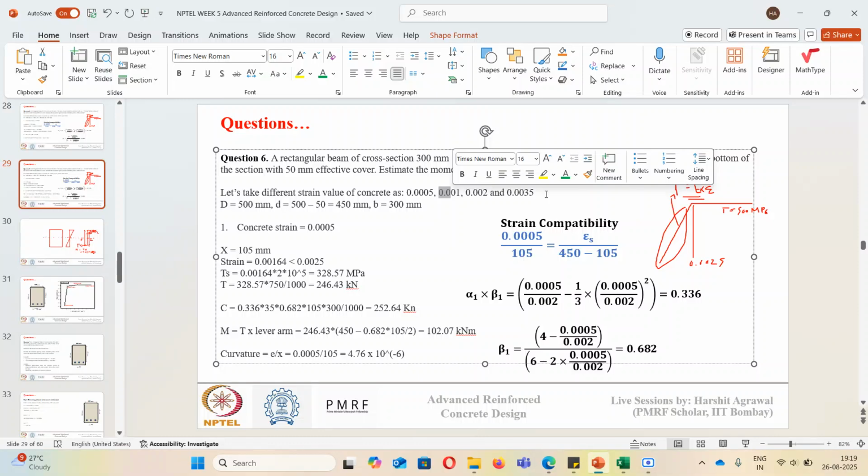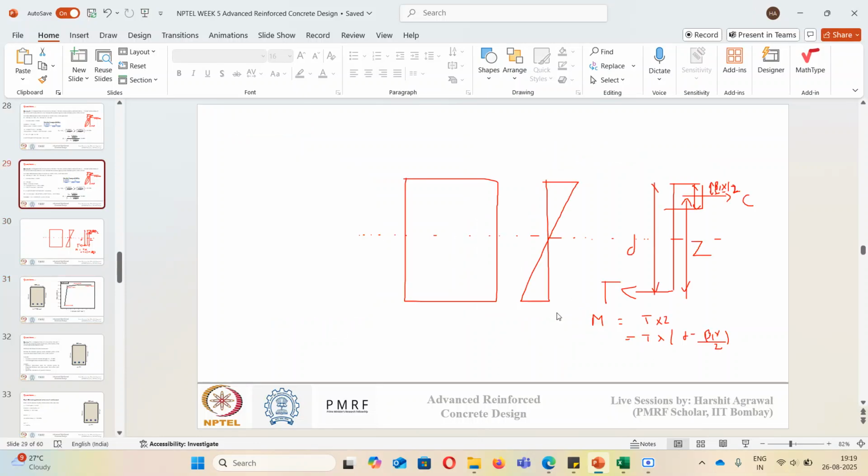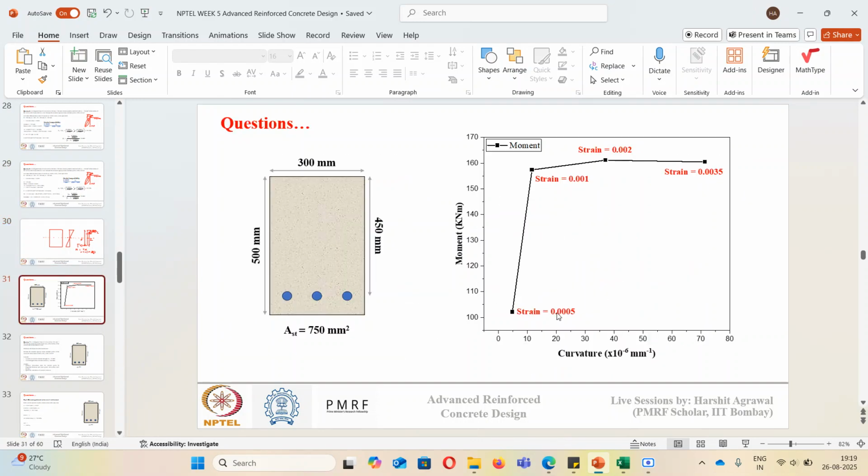I have done that calculation. I will directly show you the results so that we can understand more of the application. You can see here how this will change. At strain of 0.0005, we got this moment value of 102.07.